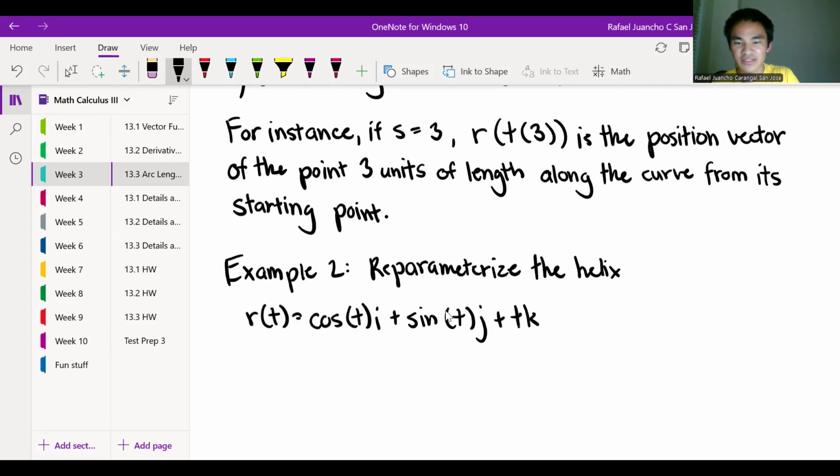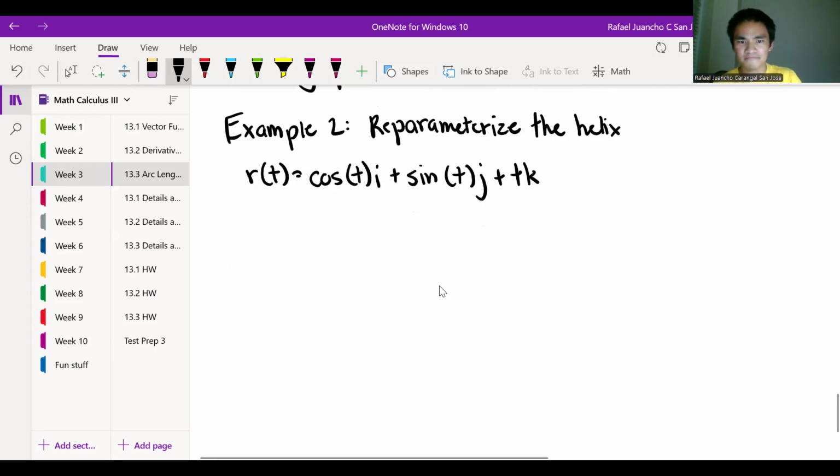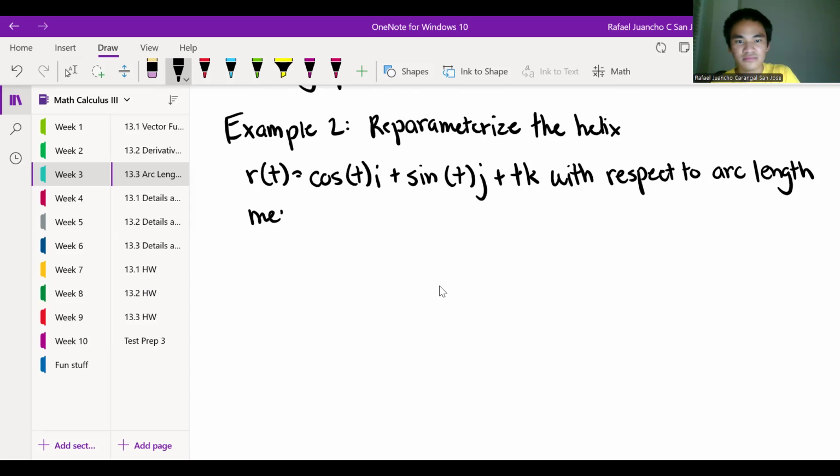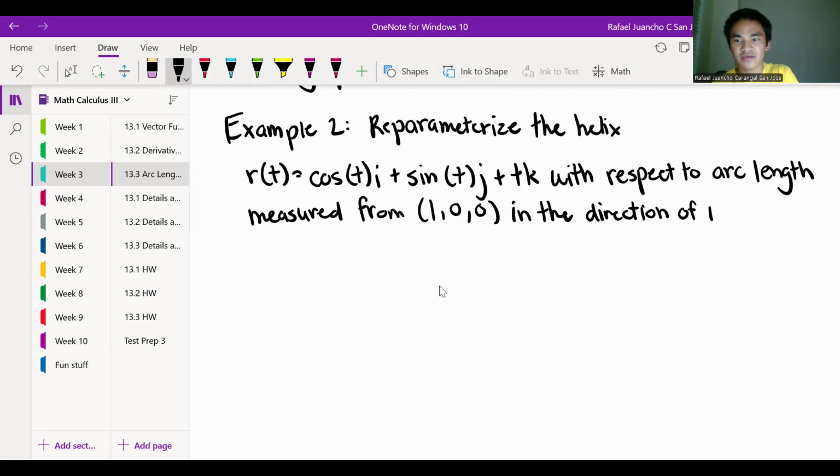So again, it's a circular helix, with respect to arc length measured from a starting point, 1, 0, 0, in the direction of increasing t.